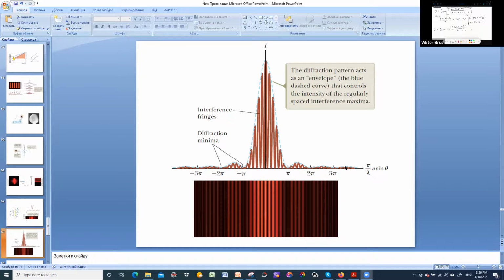We take into account diffraction at the single slit, and that's what we just considered a few minutes ago. However, now we have two slits, and they also contribute to interference effects.